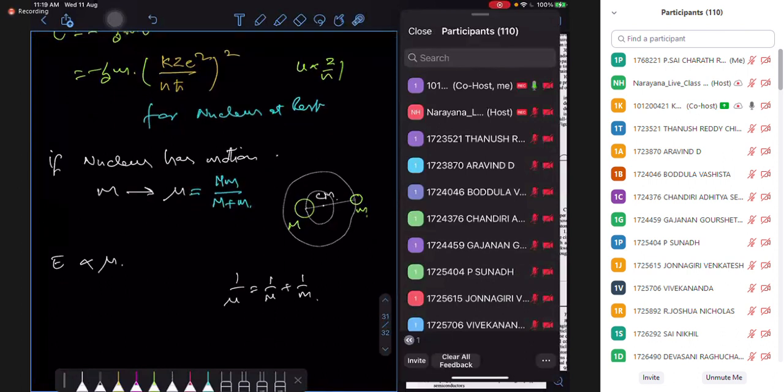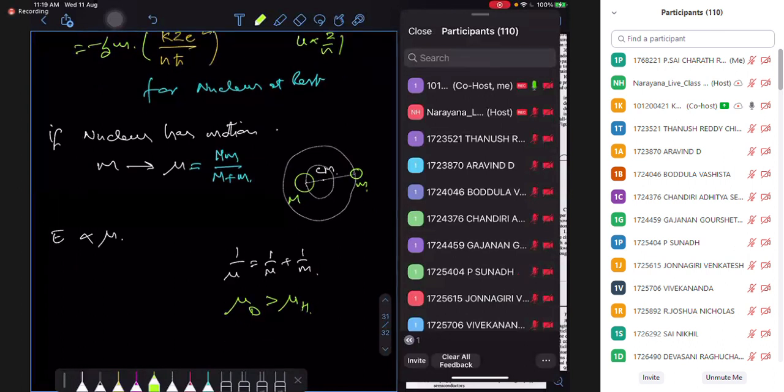If you have a heavier nucleus, this 1 by mass term is going to be less, so 1 by mu term is going to be less, so the mu term will be more. So for a heavy nucleus, your reduced mass is more, energy is more. The reduced mass of deuterium is greater than the reduced mass of hydrogen, so the energy of deuterium is greater than the energy of the hydrogen atom.